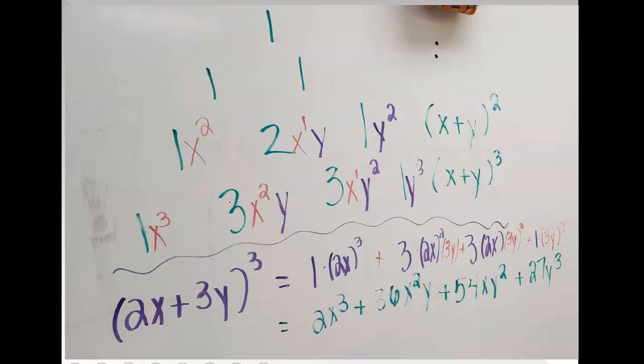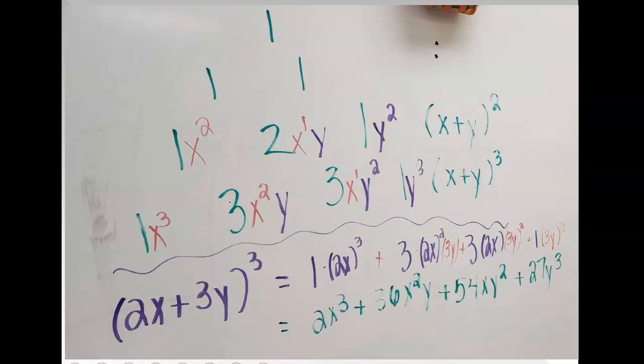In particular, Pascal's triangle works most for x squareds and x cubeds. So this represents (x plus h) squared. This would be (x plus h) cubed. And the values of the numbers in Pascal's triangle represent the coefficients that go along with it.